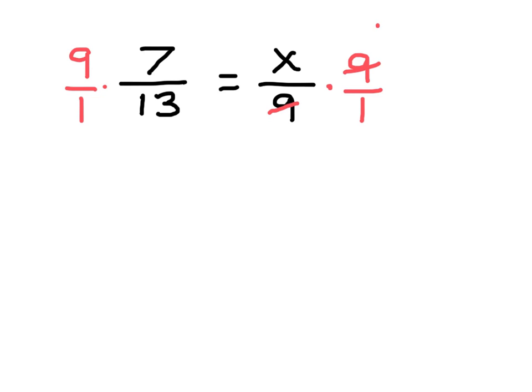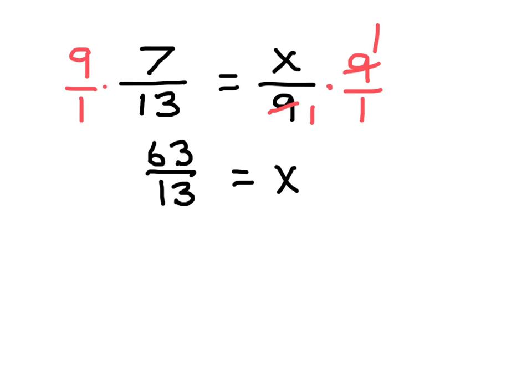So the 9's will cancel. And on the left side, nothing cancels, so I multiply straight across. 9 times 7 is 63. 1 times 13 is 13.